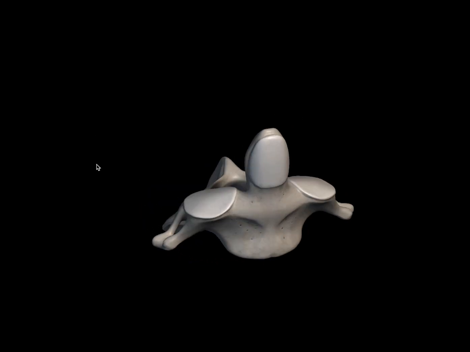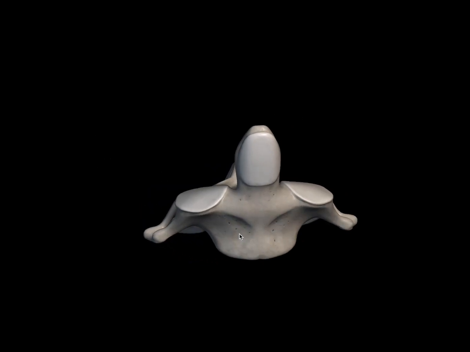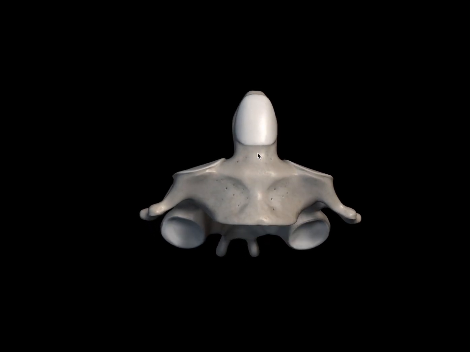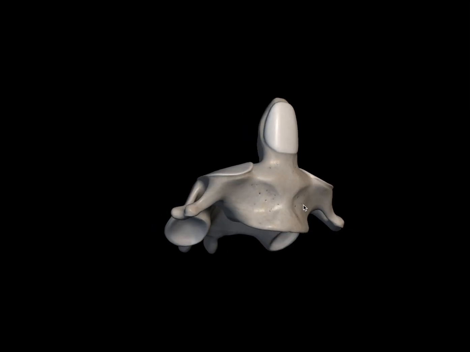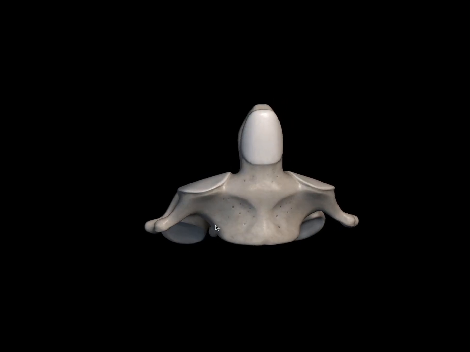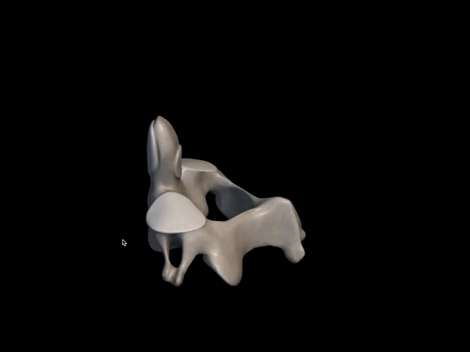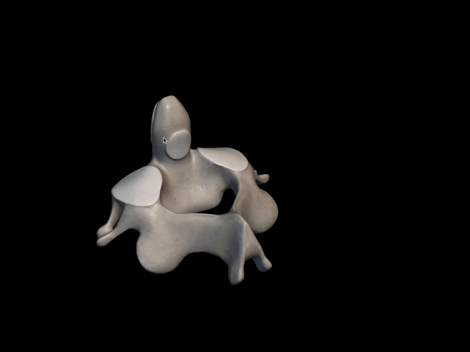After the dens, if you see the body of the C2 cervical vertebra, this entire part is the body. It has four surfaces. The superior surface of the body is fused with the dens, and on each side it is encroached by the superior articular facets.